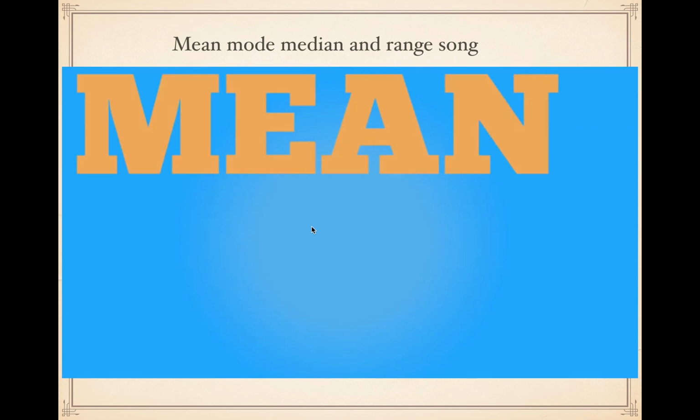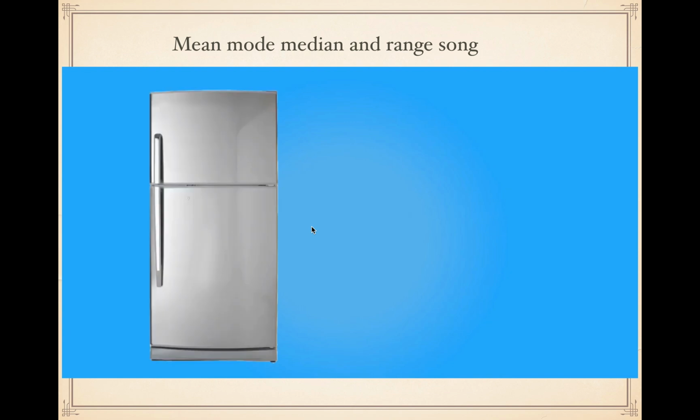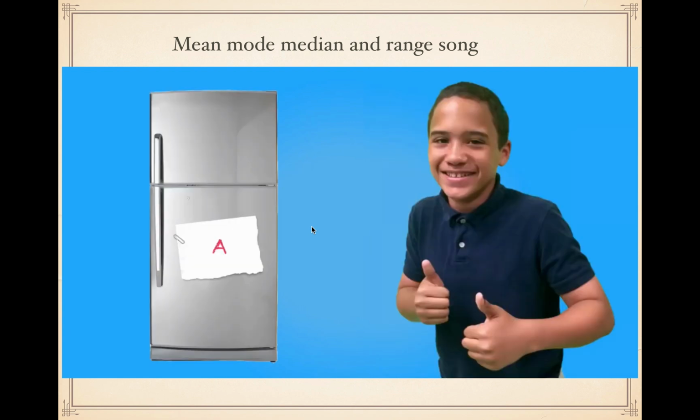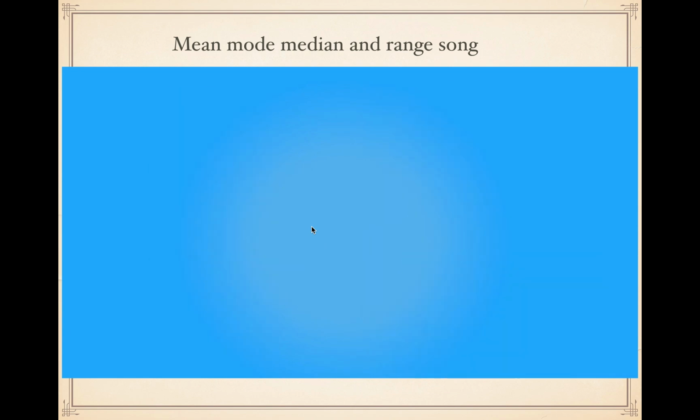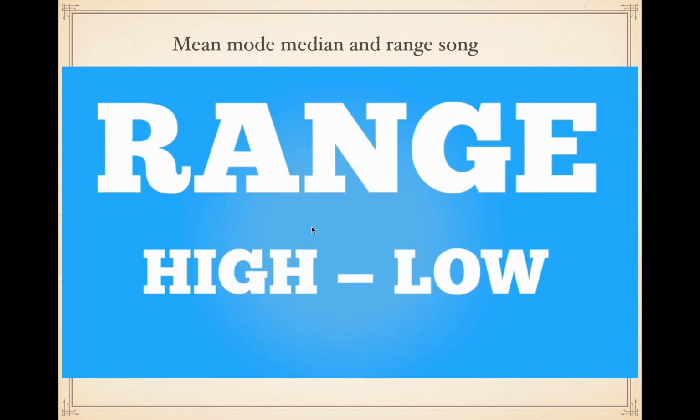Today I learned mean, median, mode, and range. Now I'm going to get A's. Median, middle, mode is most. Range is the difference of the high and low.